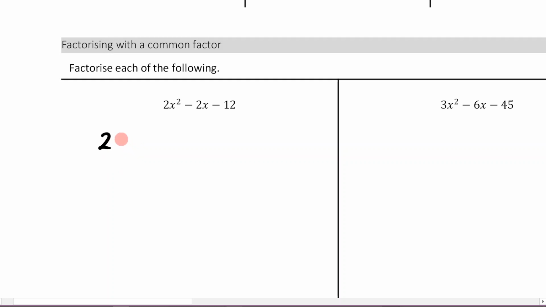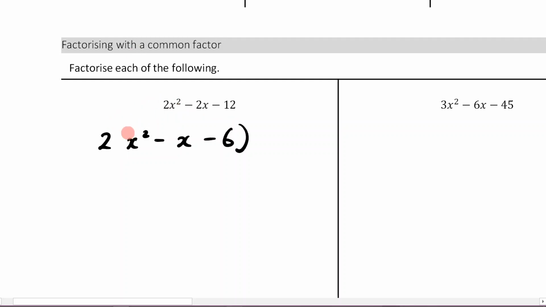So I can take this 2 out there, and now I'm going to get x squared minus x minus 6. As you can see, I took out a common factor of 2, because remember, if I was to expand this out, it's going to be 2 times this, times this, times this. So by taking it out, I've just made my life easier.